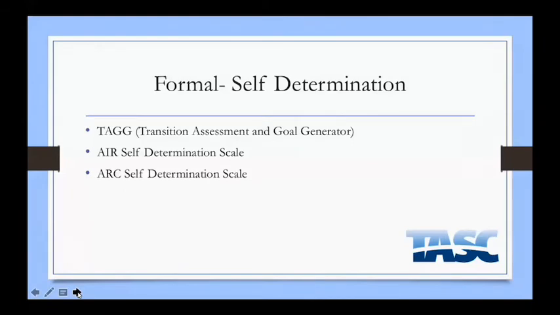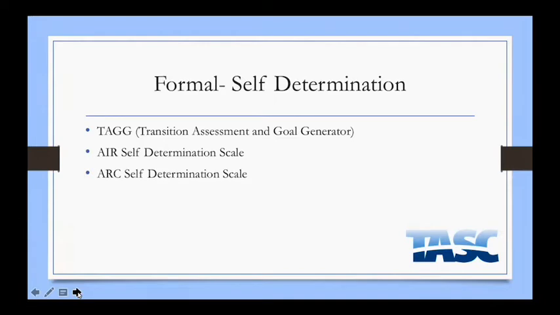Self-determination. We know that self-determination is an important skill for all students with disabilities, actually all students with or without disabilities, but it really has to do with being able to self-regulate your own behavior. So the self-determination assessments help us determine if they have the aptitude and the opportunity for specific components within self-determination.